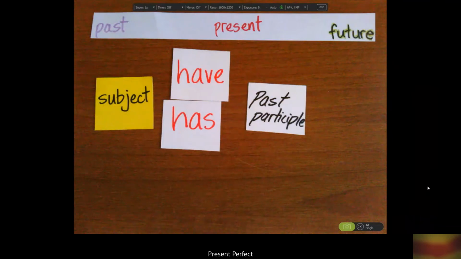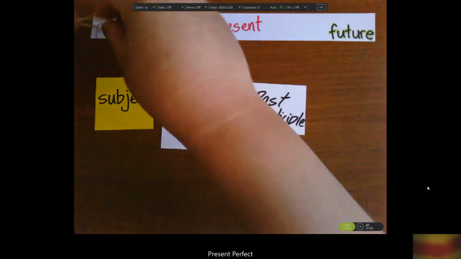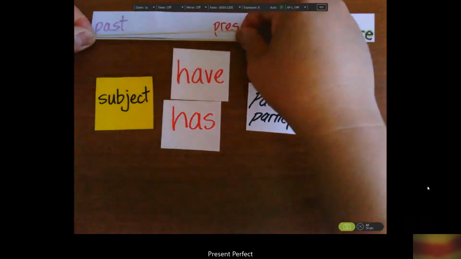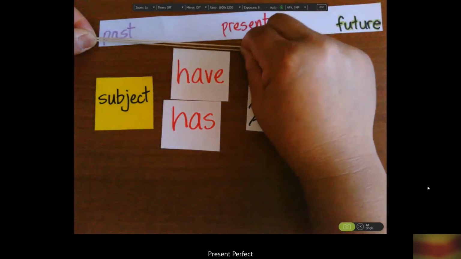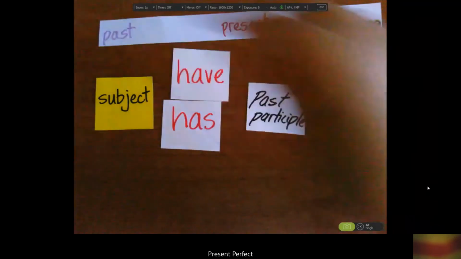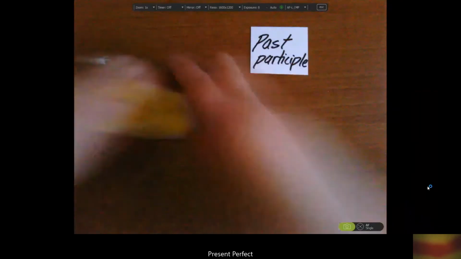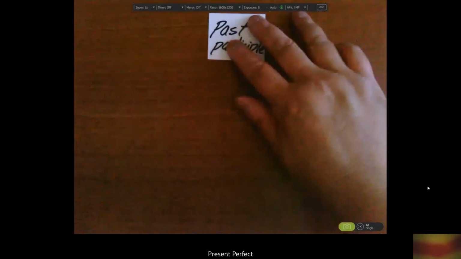Where does a present perfect verb form situate in the timeline? The present perfect is an action in the past, and for some reason, it influences the present or now. We're going to look at some examples. But before I go on, let me repeat.